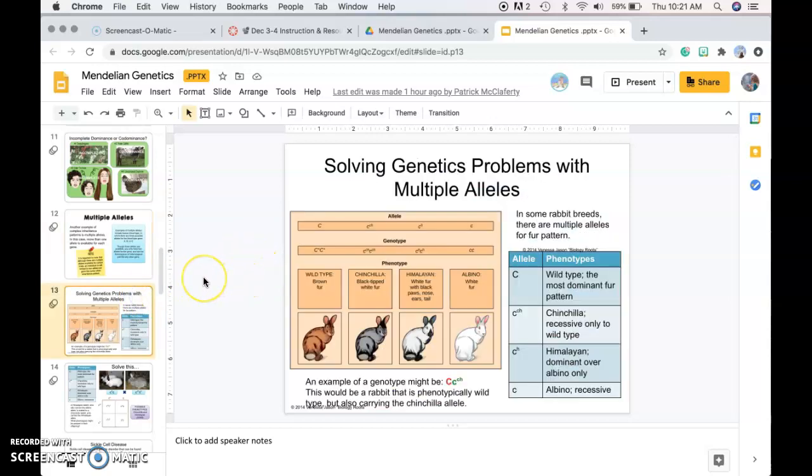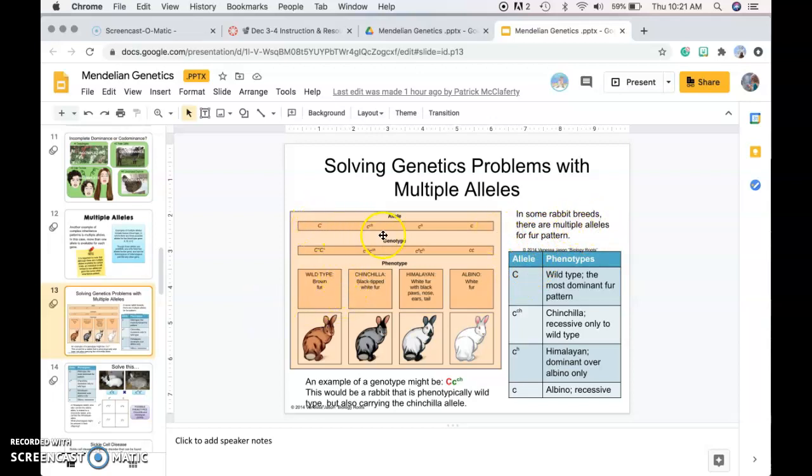If we look at a real life problem, solving genetic problems with multiple alleles, these are different types of rabbits, right? Some of their phenotype patterns, their fur patterns, are multiple alleles.